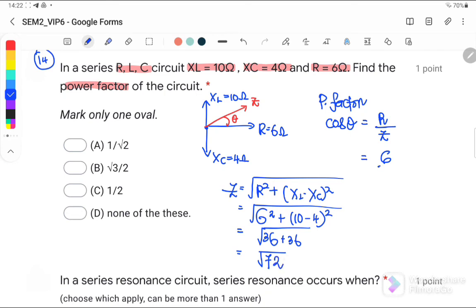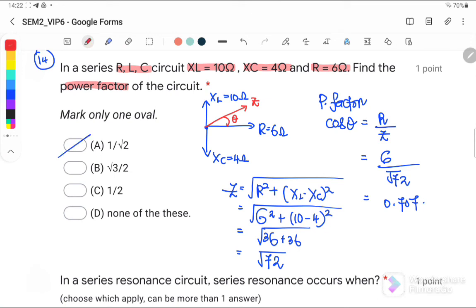We substitute 72 in here. If we press the calculator to find cos theta, we will get 0.707. So the answer is A.